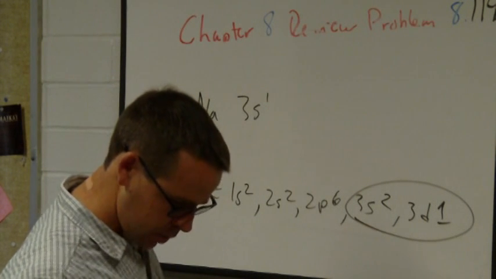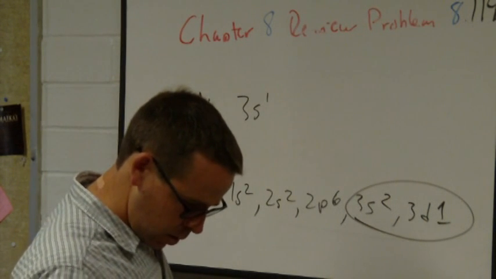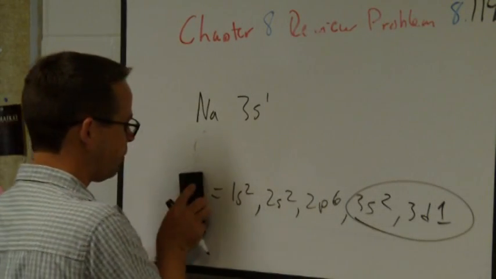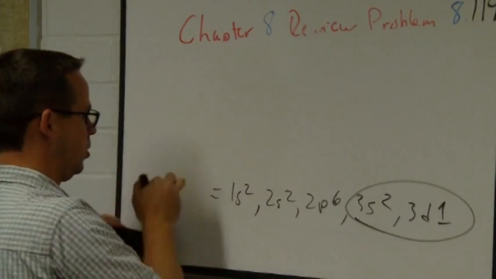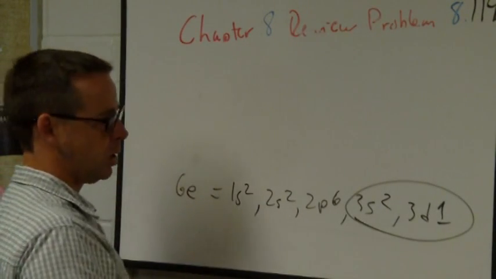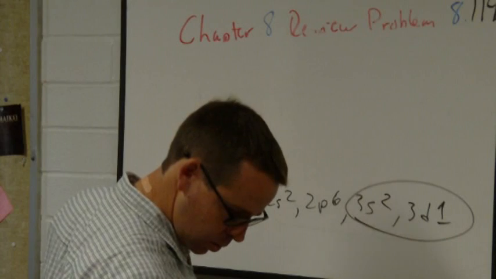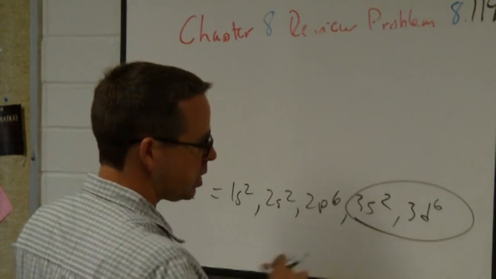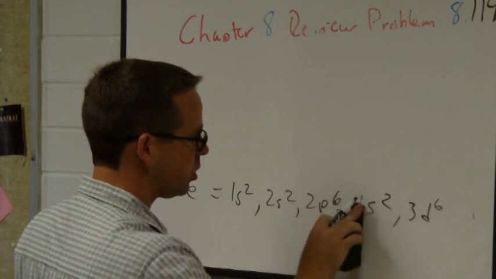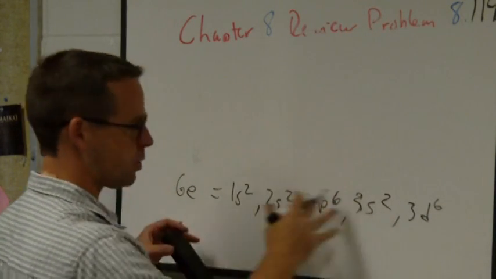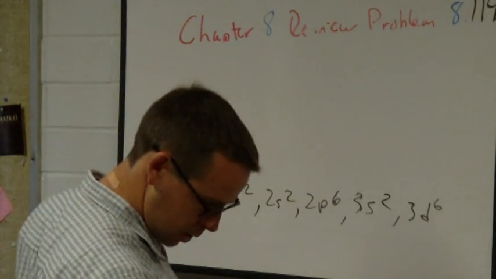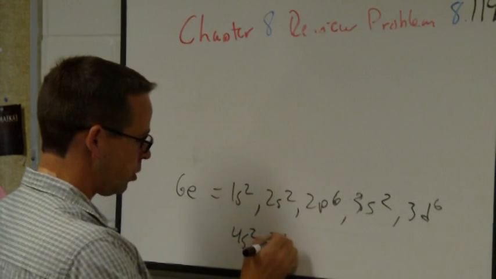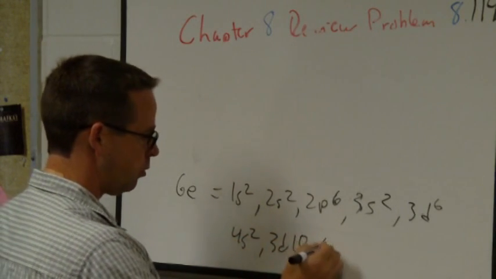Now, germanium and phosphorus. So germanium's electron configuration. The electron configuration for germanium is as follows: 4s2, 3d10, 4p2.